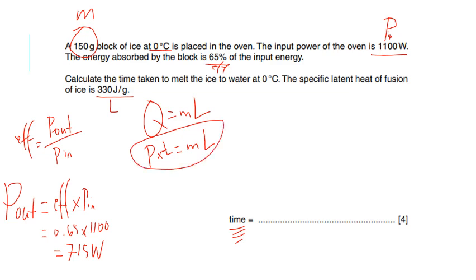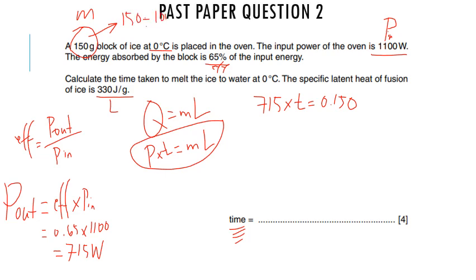So I write 715 times time is equal to m, which is 0.150. Again, this has to be changed into kilograms, 150 divided by 1,000, which makes it 0.15 kilograms, multiplied by L, which is given as 330.